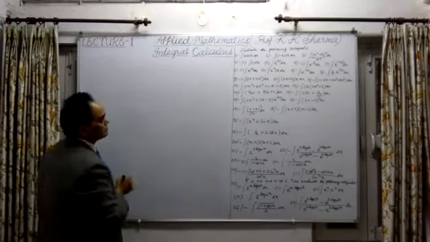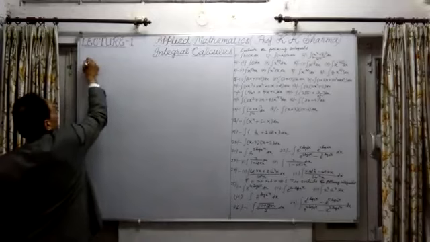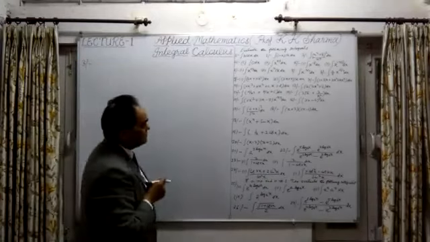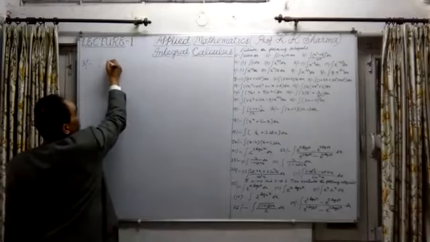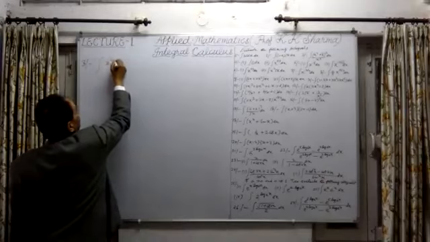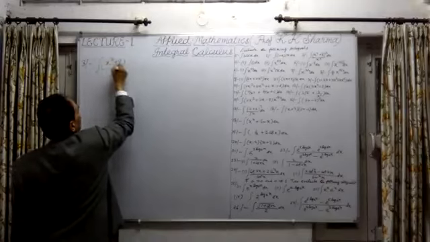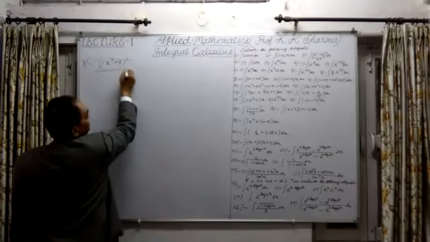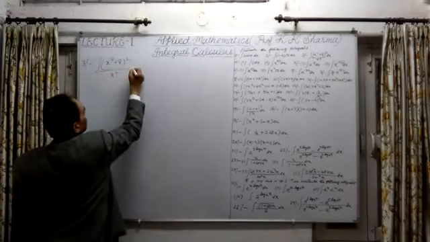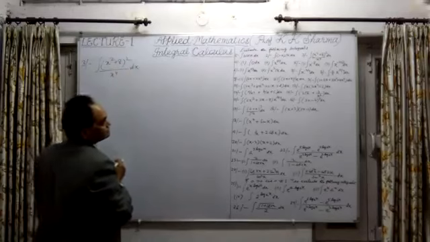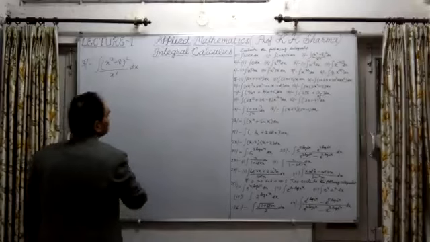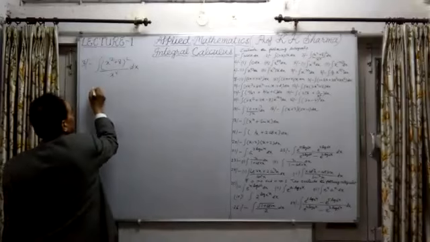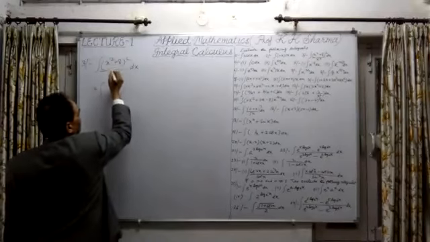Now let me take question number three. The third question says: find the integral of (x square plus 8) whole square divided by x^4 into dx. What do we find out? First, let me open the square. We just open the square of this.